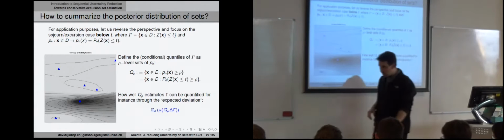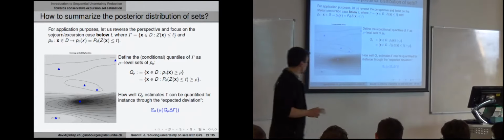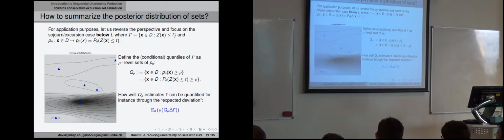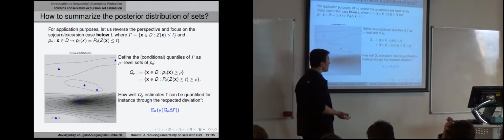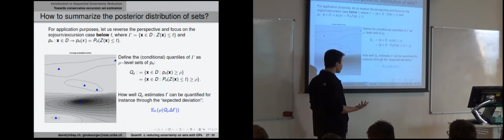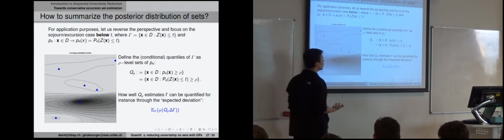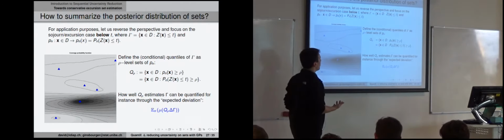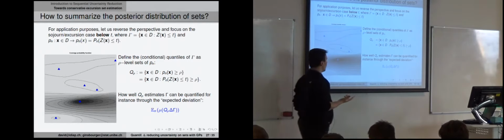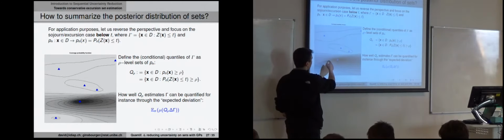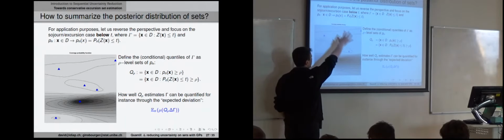And now we will play with a notion. Probably most of you know what a quantile is. So here we will play with the notion of quantiles for sets. So what is a quantile of a random set? Here we're going to consider the function Pn that is giving you at every point the probability of being in the set. Okay? So here, you remember this is the safe region.